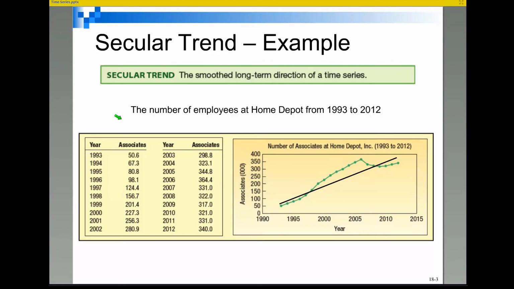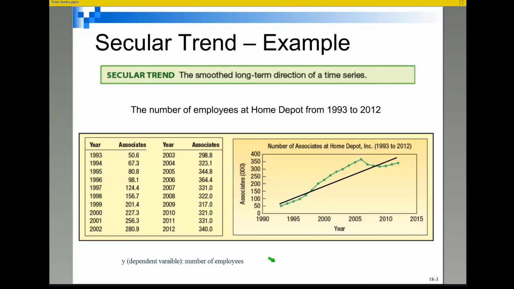It's recorded over 20 years. If you want to know the secular trend, that is, whether the number of employees is increasing overall, you first plot the original data, which is the blue dots. And then you run the simple linear regression, and the dependent variable, y, will be the number of employees.